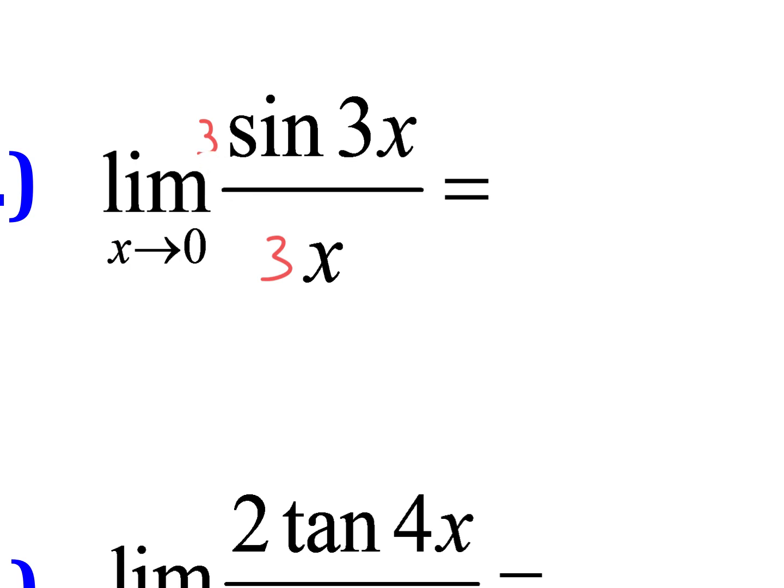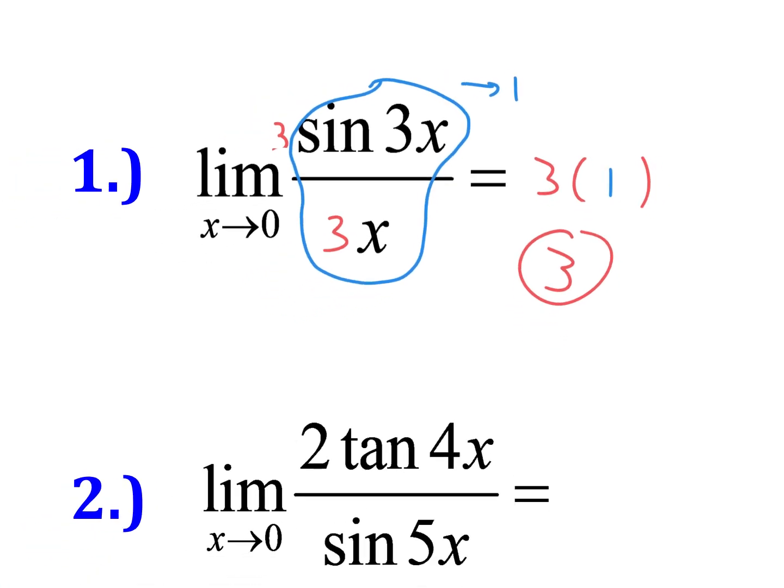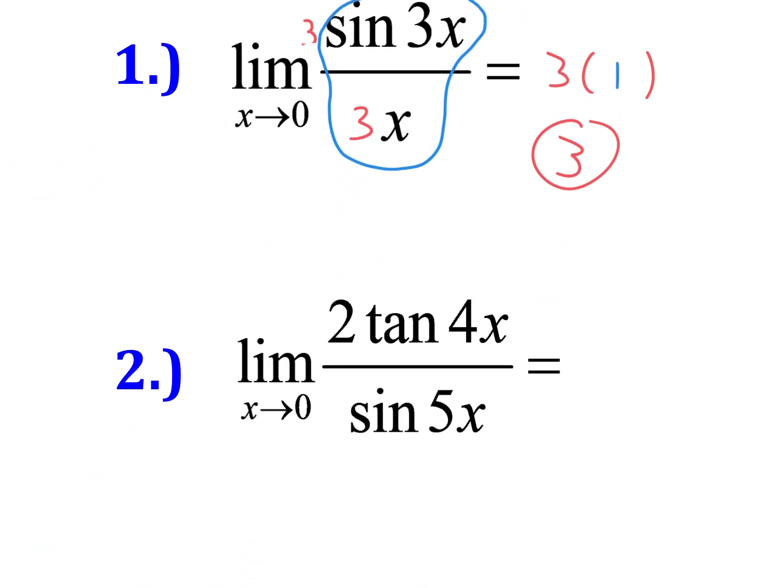And I know that the limit as x approaches 0 of sine of x over 3x approaches 1. So this limit evaluates to 3 times some function that approaches 1, so this overall limit will approach 3. All I did is some simple algebraic manipulation there.